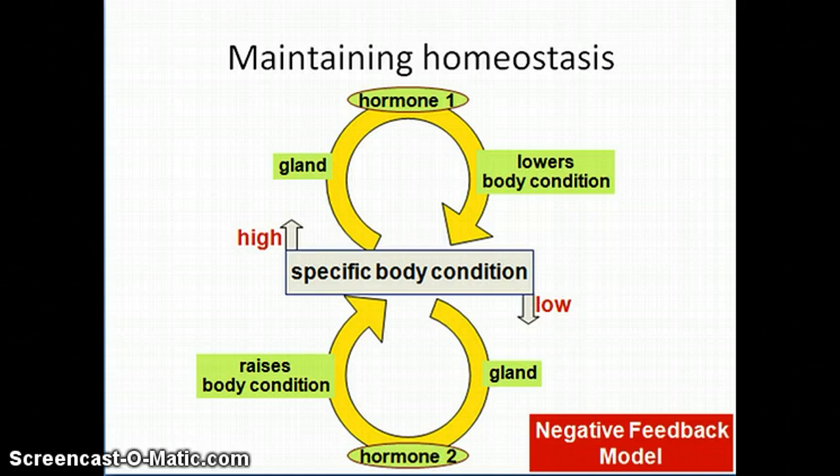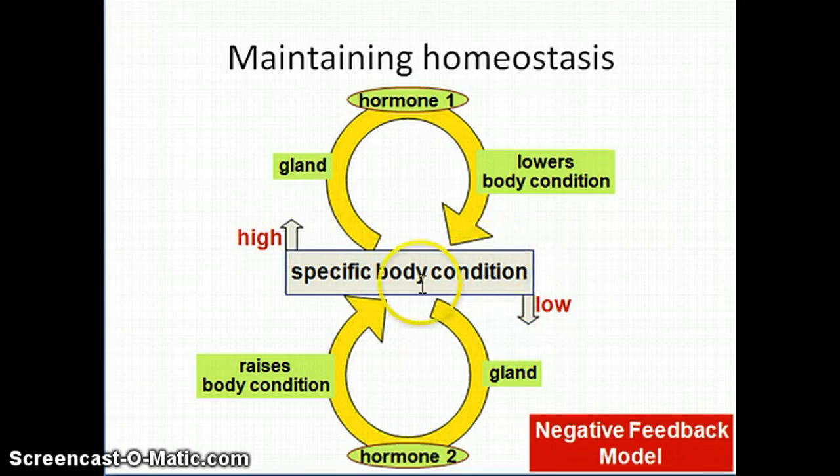And a simple model is shown in this diagram here, where we have a specific body condition, which we would call the set point for the body, which is the place where homeostasis is maintained. The body can rise above that set point, or it can fall below that set point.